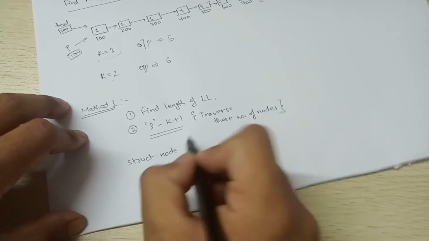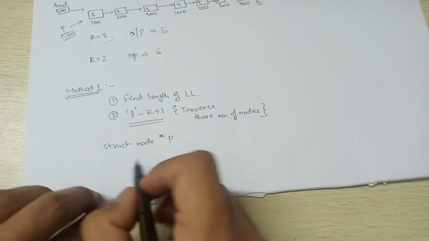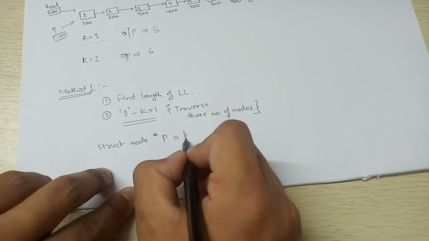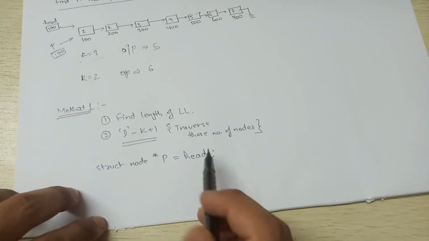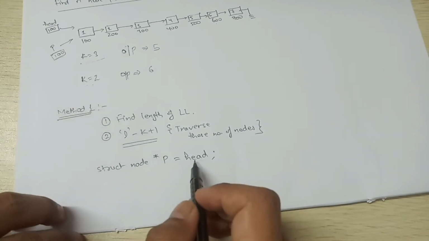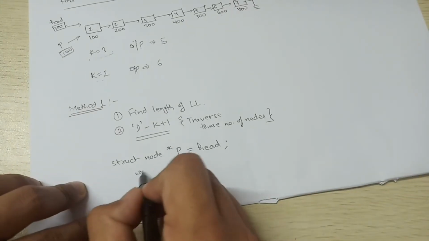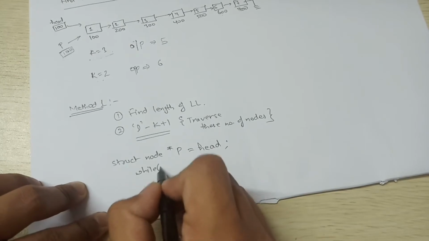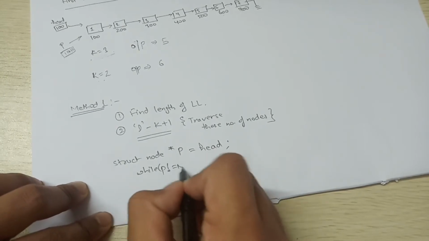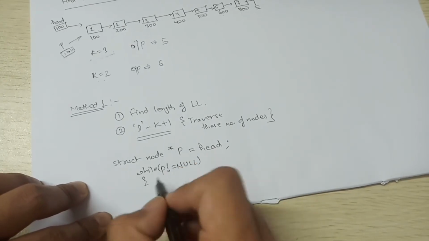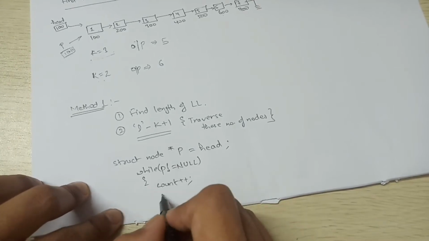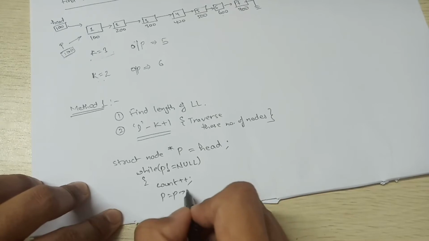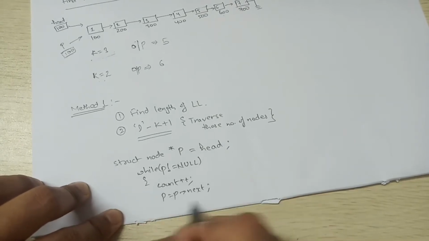Let's define a pointer of a struct node type and initialize it with the address of the first node which is in the head variable, and then you say while p is not equal to null, you increment the count variable to find the length and also traverse the linked list by using this statement.